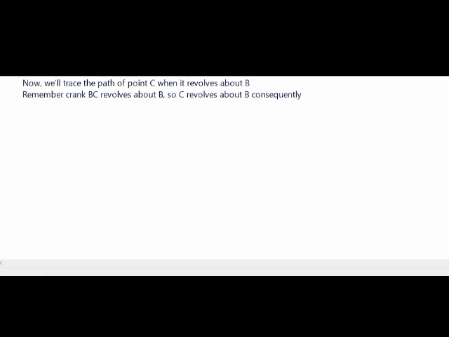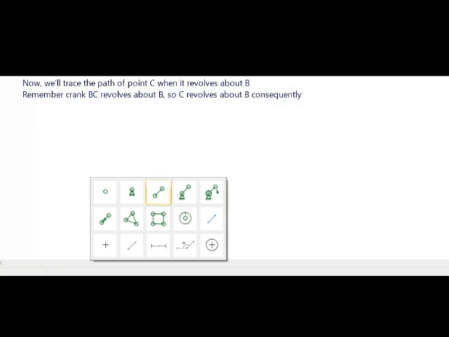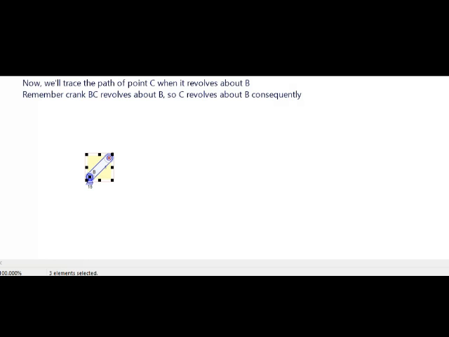And remember, crank BC also revolves upon its point B. So consequently, point C, since it is on crank BC, revolves about point B. So now I'm just going to put a rotating crank on the crankshaft.